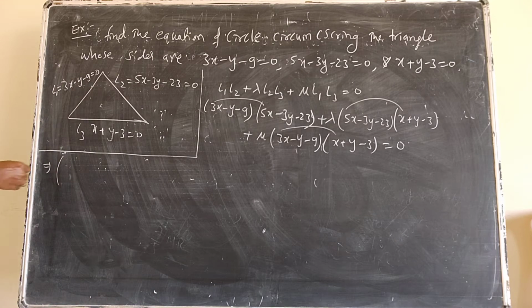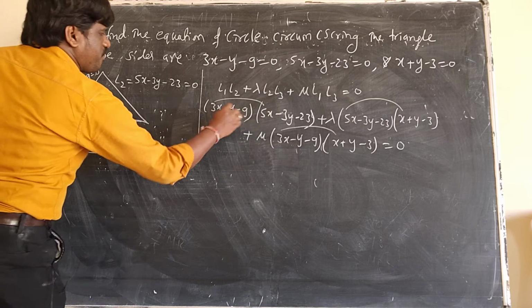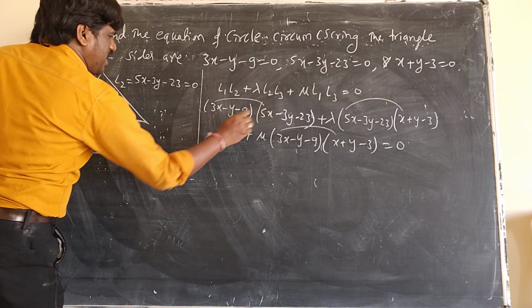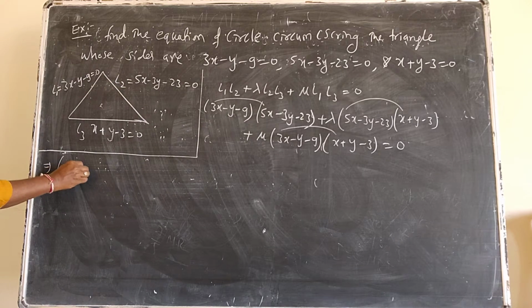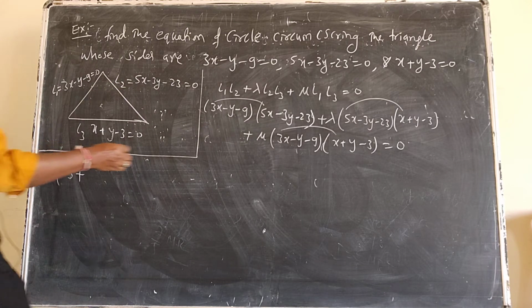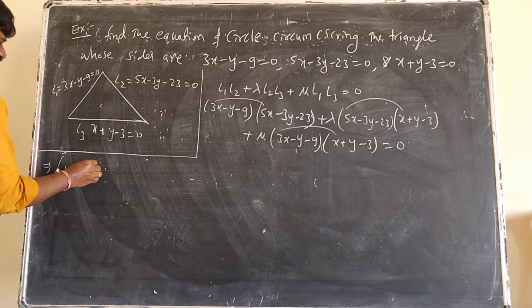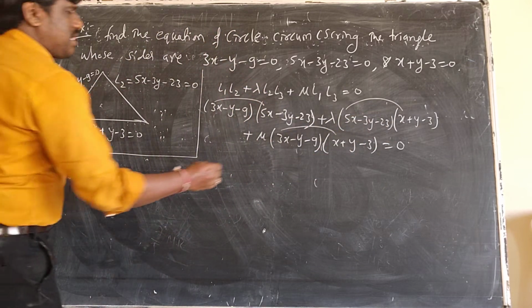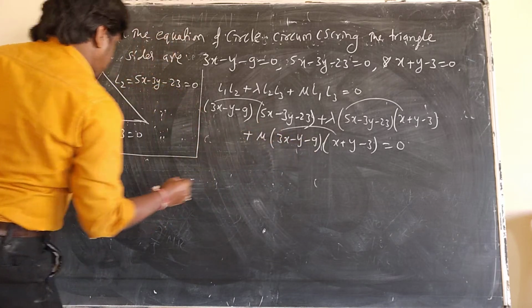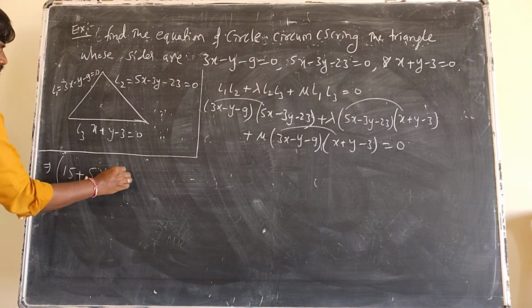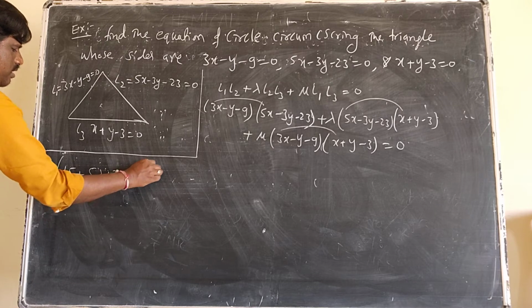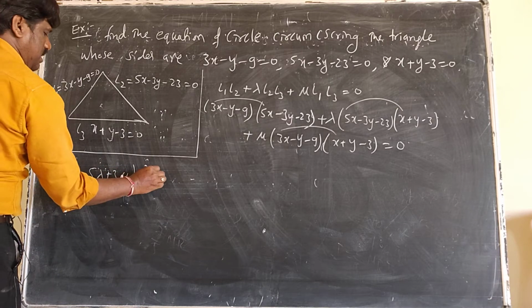What is the x square group here? 5 times 3 is 15, so the first gives 15. Next, 5 into 1 gives 5 lambda, and then 3 into 1 gives 3 mu. So logically you multiply like this.